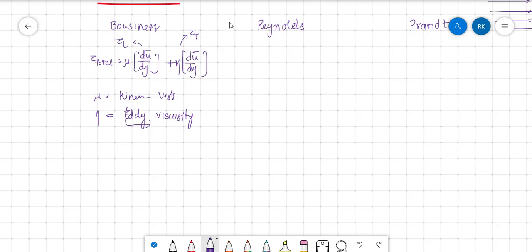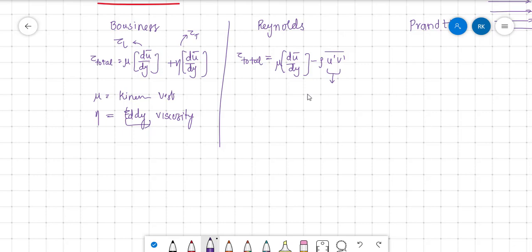Now, what did Reynolds give? Tau total is equal to mu into du bar by dy minus rho u dash v dash. So he gave this, Reynolds.